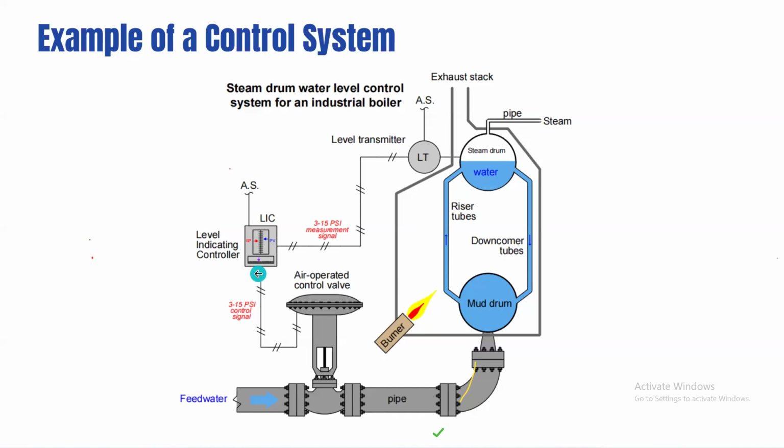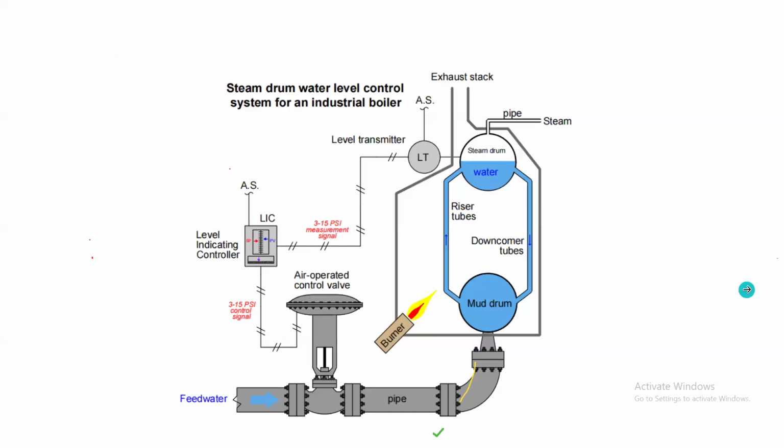In this case, our output is the degree of opening of the valve, but the final control element, our actuator, is the air-operated control valve. Now, don't worry too much about the signals for now. We'll talk about that a bit later.